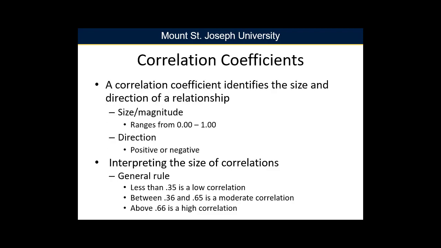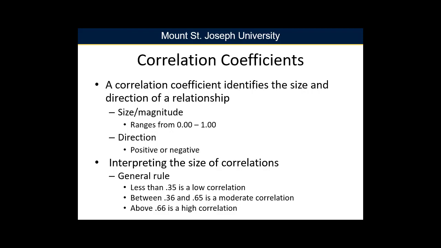In correlational research, a correlation coefficient is reported, and this helps you know how big the relationship is. So we look at the correlation coefficients in terms of the range and the size and magnitude. So 0 would be no relationship and 1 would be a perfect relationship.